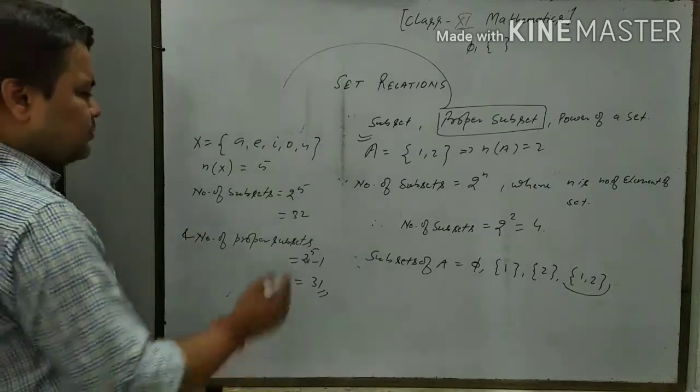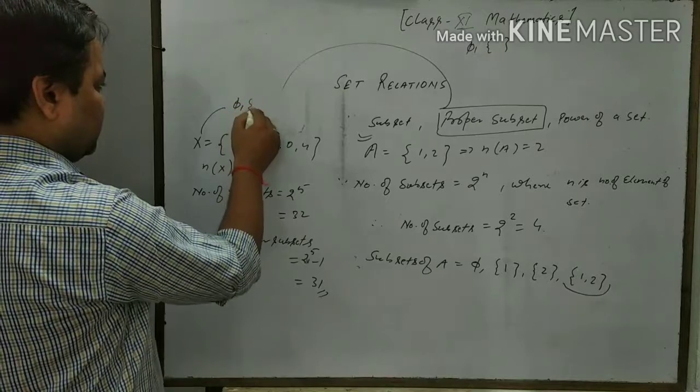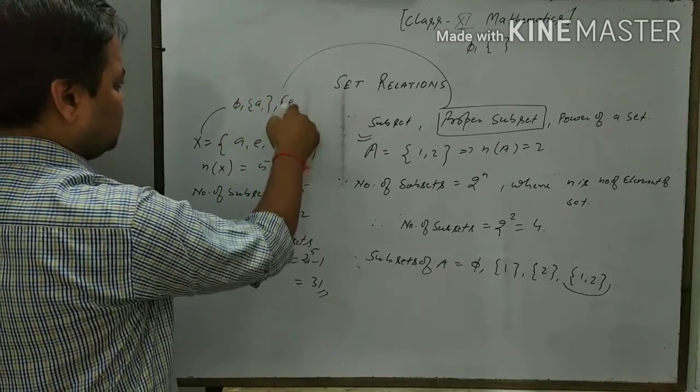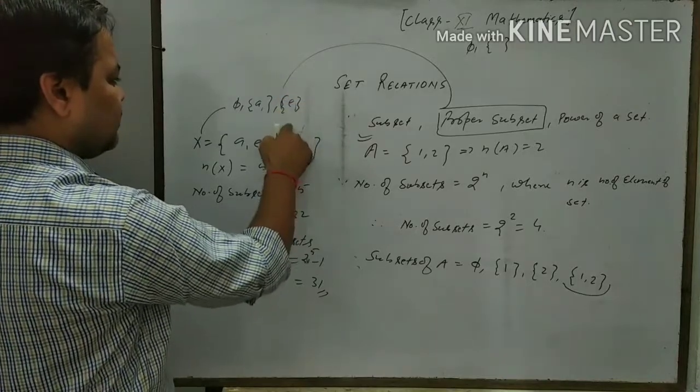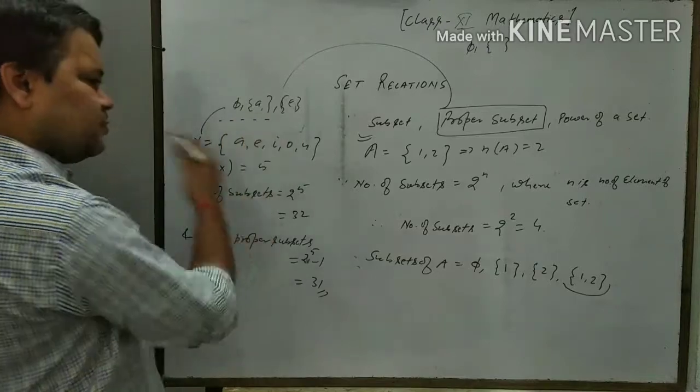Here, how do we get the subsets of this? Phi, then {A}, after that {E}, and like that we make them.